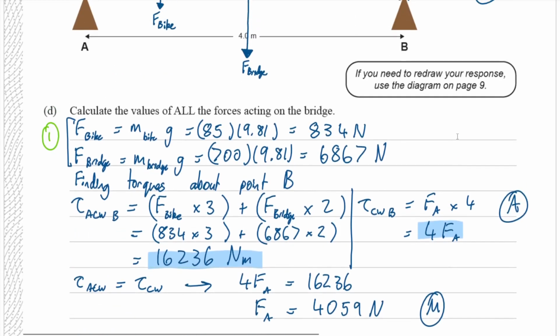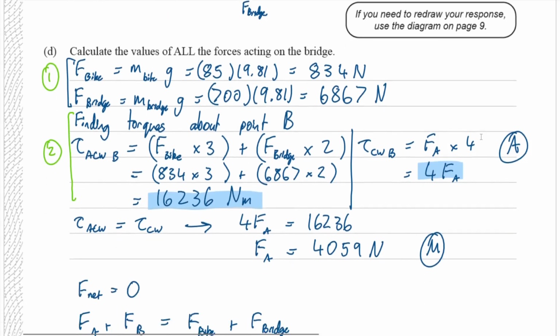And we found the torques. We then used the condition that the torques in the clockwise direction must equal the torques in the anti-clockwise direction. And we used that to solve for the support force at A.